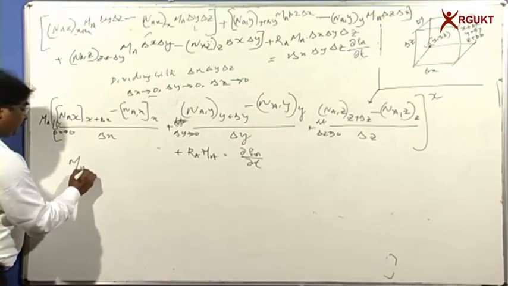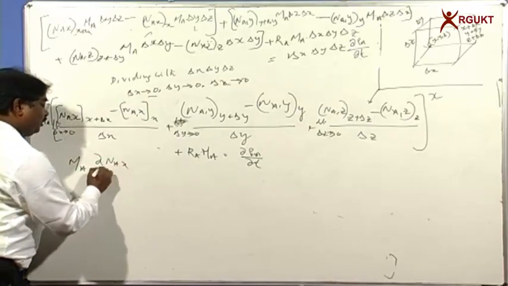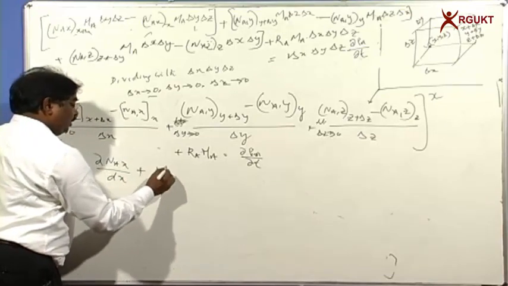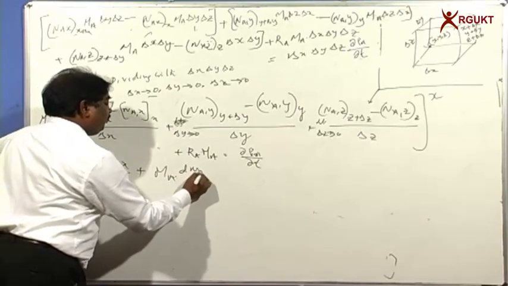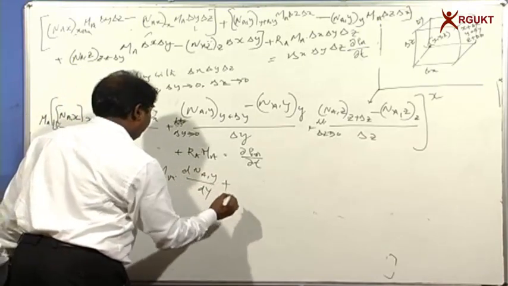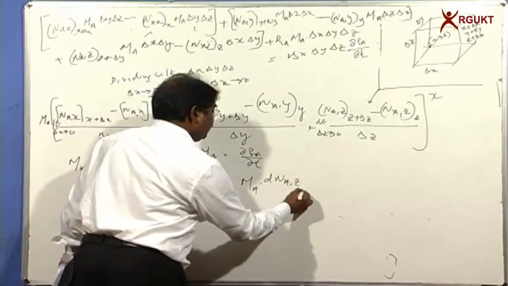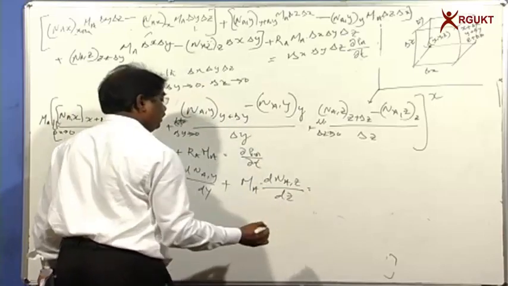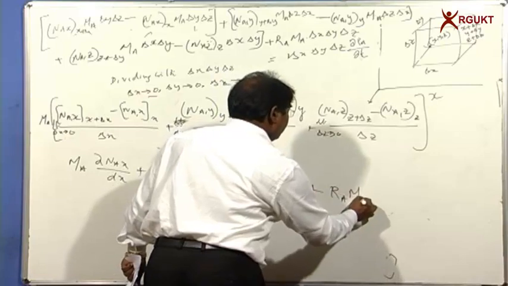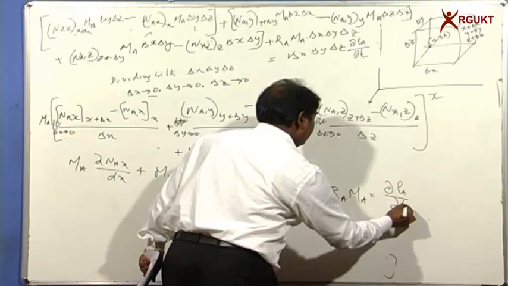This is going to become MA dNAx by dx, MA into dNAy by dy, MA into dNAz by dz plus RA into MA is equal to dou rho A by dou t.